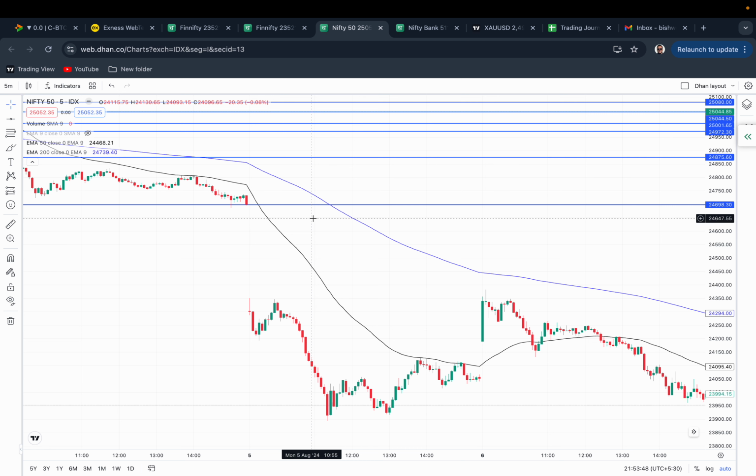See, as I have mentioned, in every trade you take, there is a pattern or a rhythm, like the sinusoidal waves or the parabolic waves, whatever we have studied in class 10 or 11, 12. So this is a similar pattern that we are following.